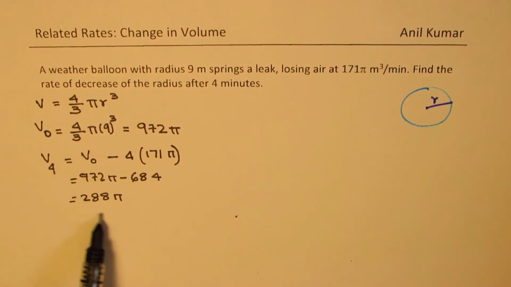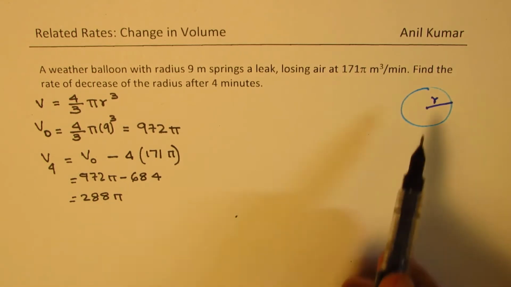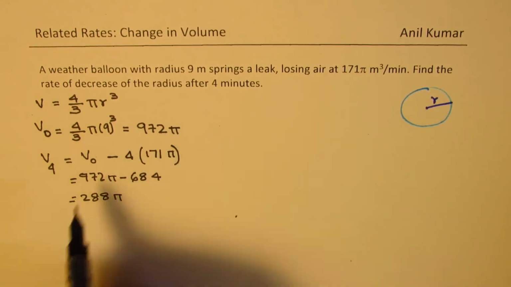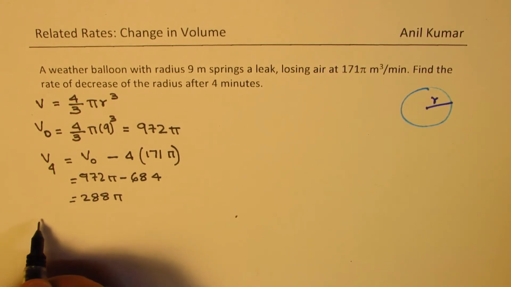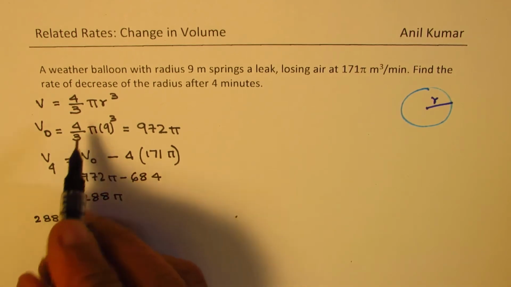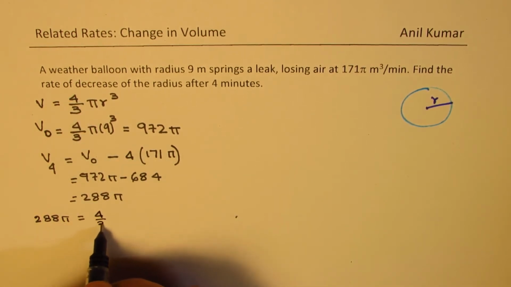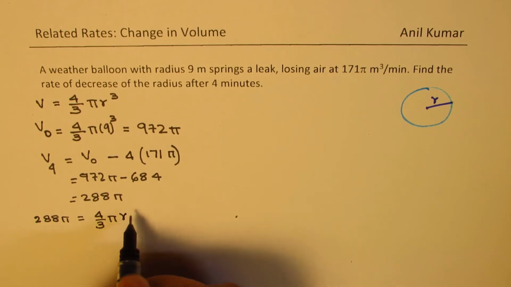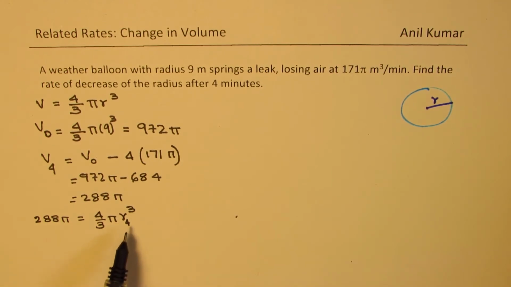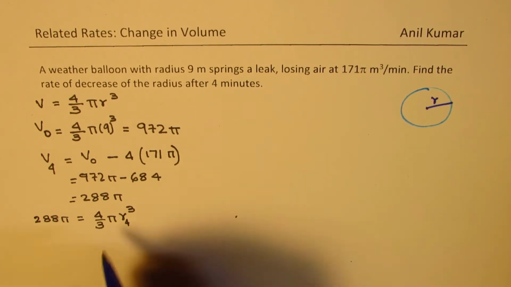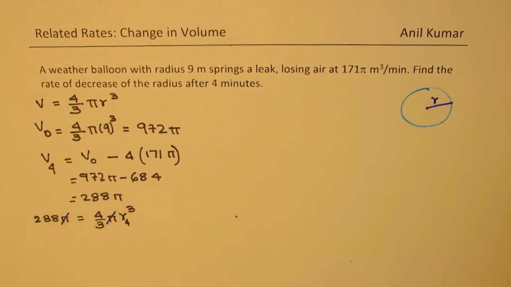Now when the volume is 288 pi, we need to find the radius of this balloon. So we can equate with the volume formula: 288 pi equals 4 by 3 pi r cube, and this r is the reduced r, right? So after 4 minutes, we're just writing a small 4, saying at 4 minutes. So solving, we can get the value of r.